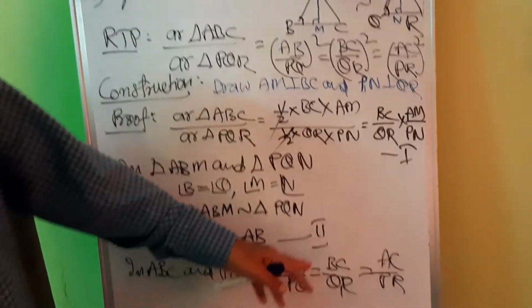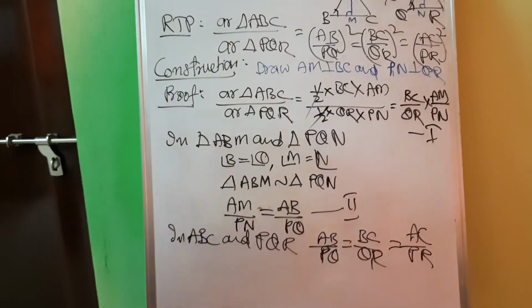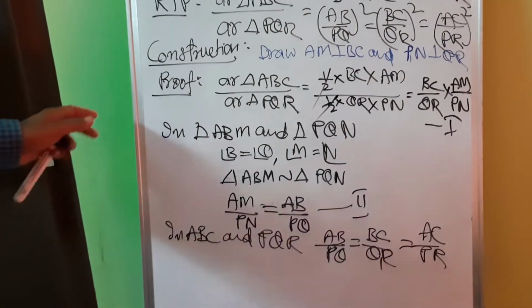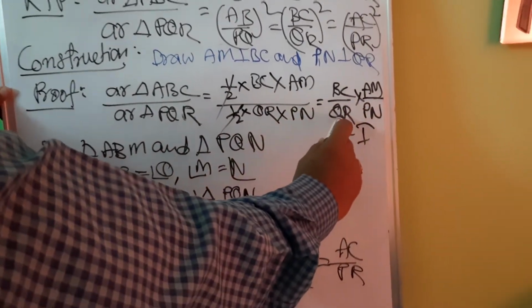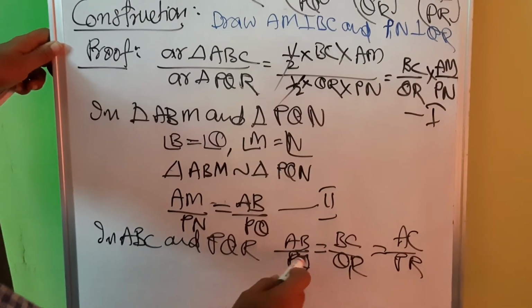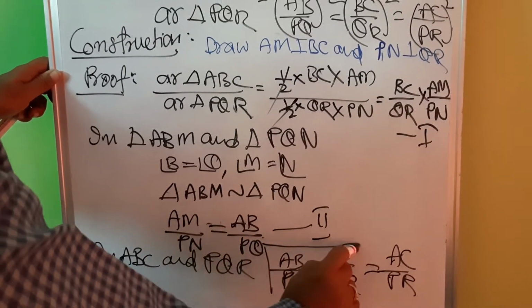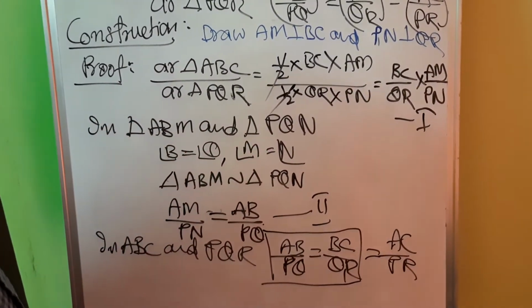Why? They are similar triangles. So here in statement number 1, BC by QR. Look here, BC by QR is equal to AB by PQ.